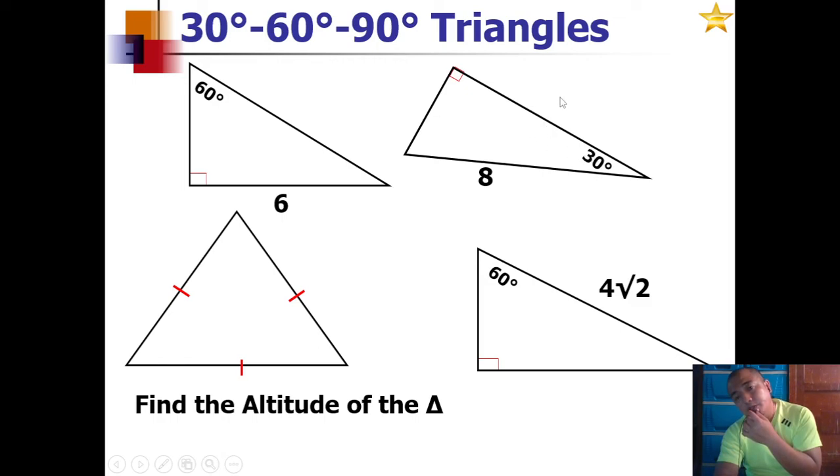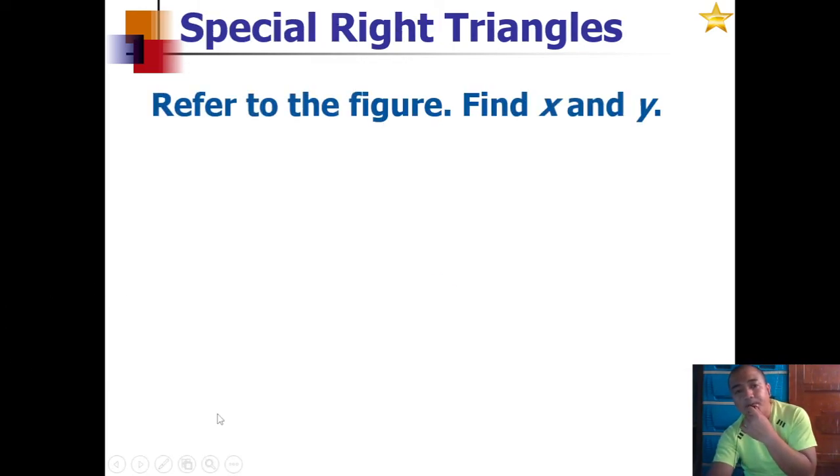And then this is 4 square root of 3. Now, this is 4 square root of 2. Opposite ng 30 degree here is, divide mo yan ng 2. So, 2 square root of 2 dito. Dito naman, 2 square root of 6. Yan. Find the altitude of the triangle. Dito naman walang given. So, let's skip that.